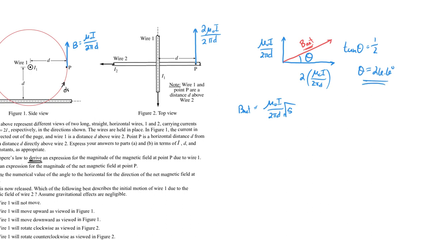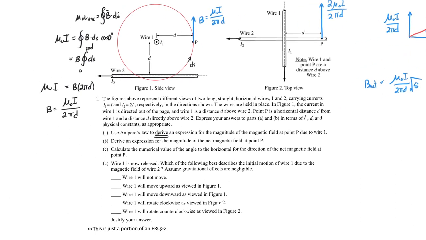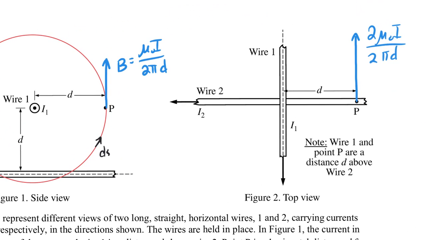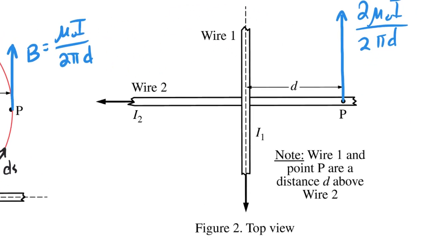All right, I guess we'll keep going. Wire 1 is now released. Which of the following best describes the initial motion of wire 1 due to the magnetic field of wire 2? Assume gravitational effects are negligible. All right, well, let's look at, I think this picture is probably the one to use.